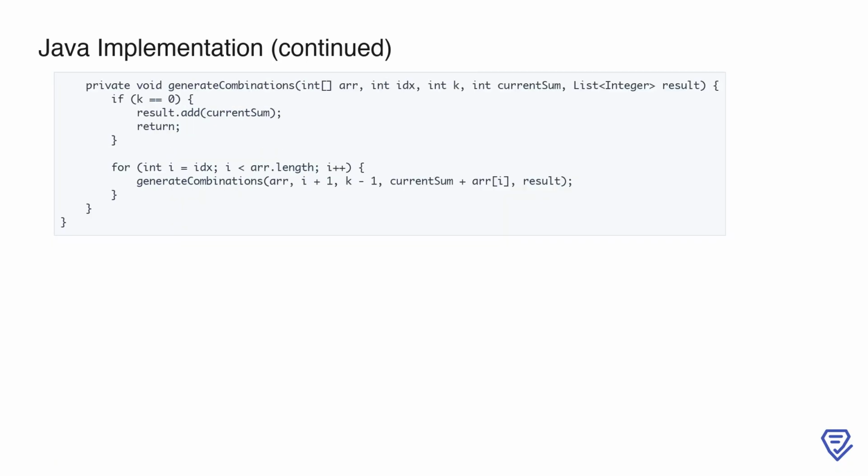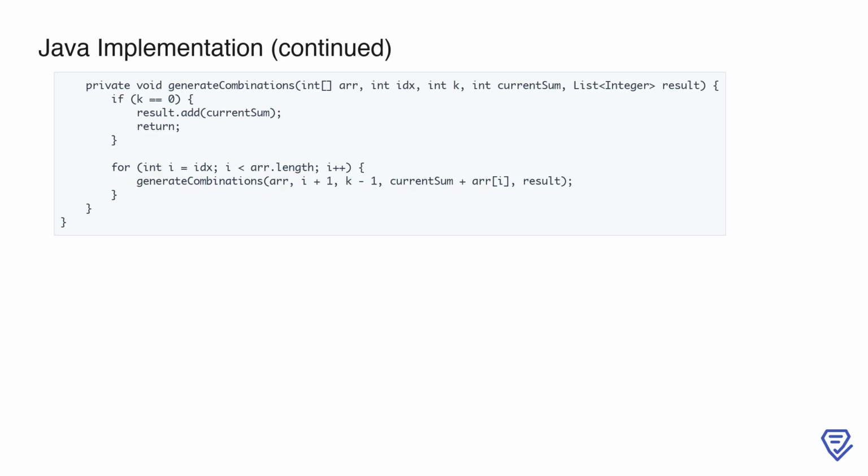The generateSums method is supported by the generateCombinations helper function, which uses recursion to compute all possible subset sums for a given subset size. This function takes an array arr, the current index idx, the size of the subset k, the cumulative sum currentSum, and the result list to store the sums. If the required subset size k becomes 0, the current sum is added to the result list, and the recursion terminates for this path.